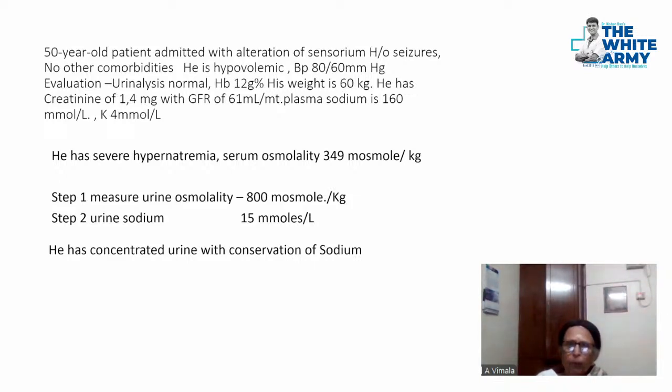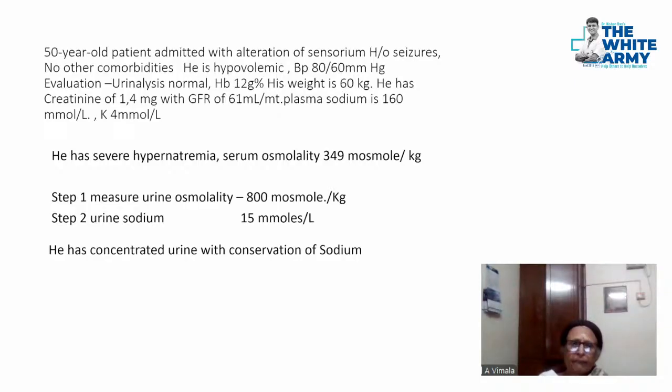He is hypovolemic. Blood pressure was 80/60. Urinalysis is normal. Hemoglobin is 12 grams. His weight is 60 kg. He has a creatinine of 1.4 milligram with an eGFR of 61. Plasma sodium is 160 millimole per liter and potassium is 4 millimole per liter.